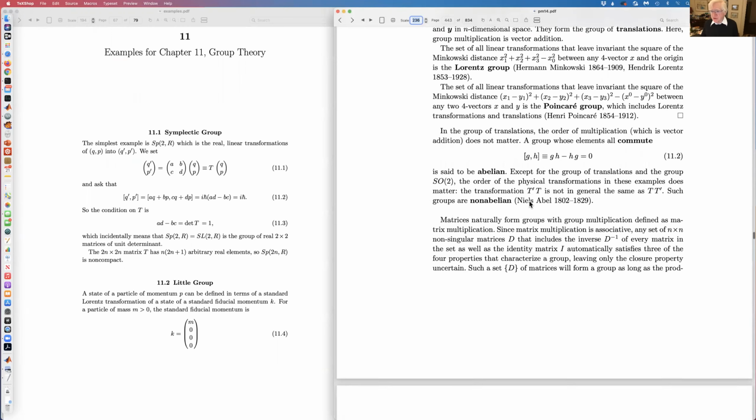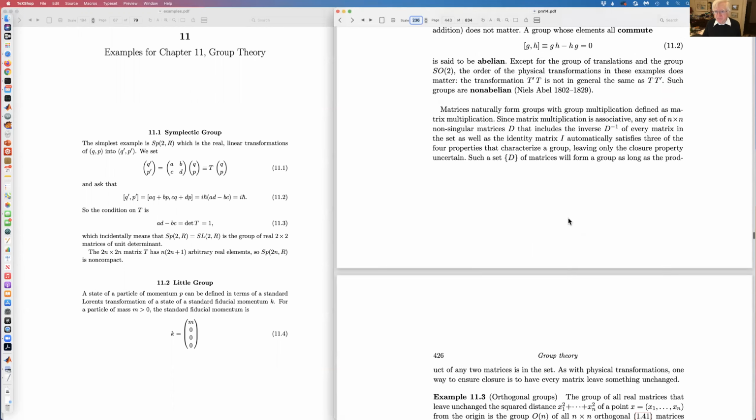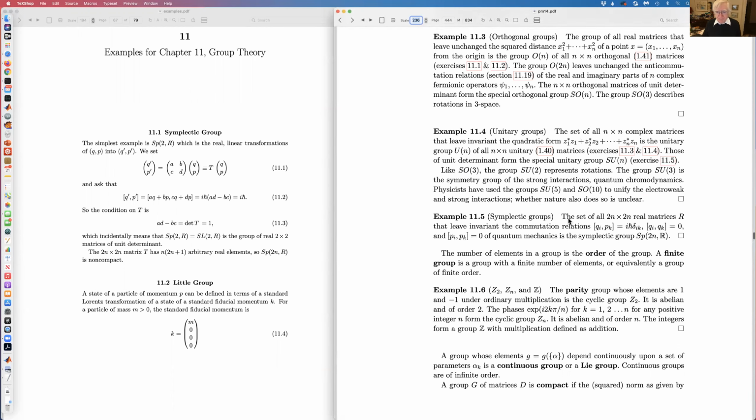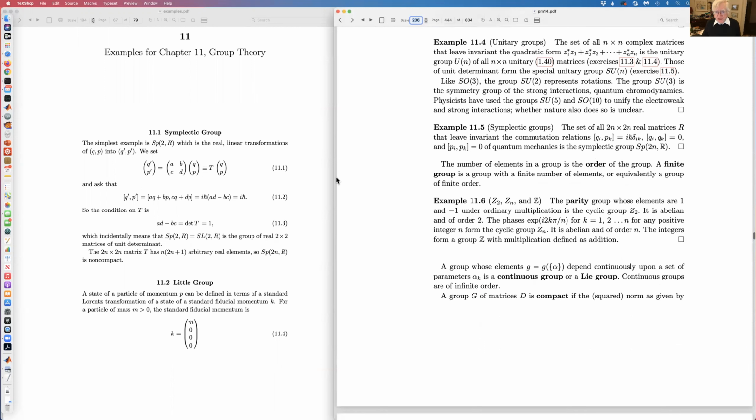And last time we reviewed a variety of classes of groups. The one that was puzzling, not only to you, but also to me, is this symplectic group that's very rarely talked about in physics courses.